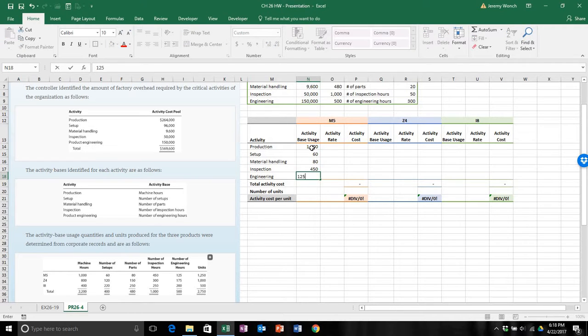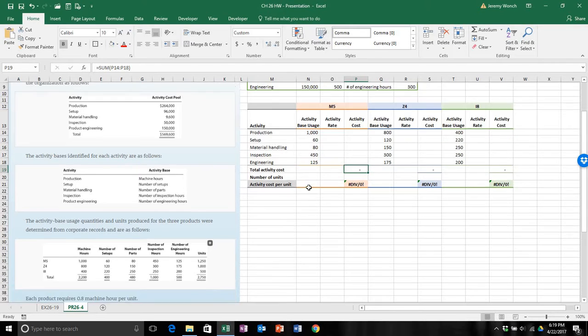and 125 for engineering. Let's go over here and do the same for the Z4 product, which is going to be 800, 120, 150, 300, 175. And then for the i8 product, that's going to be 400 machine hours, 220 setups, 250, 250, 200.